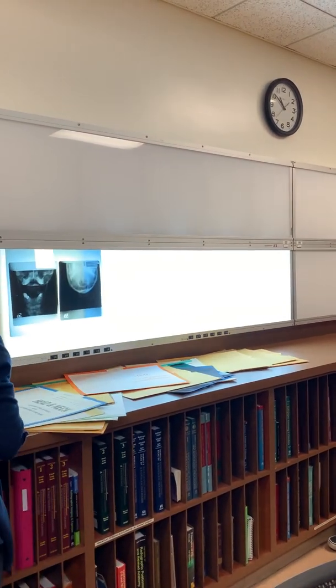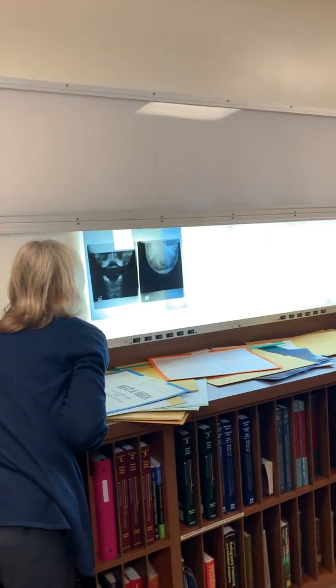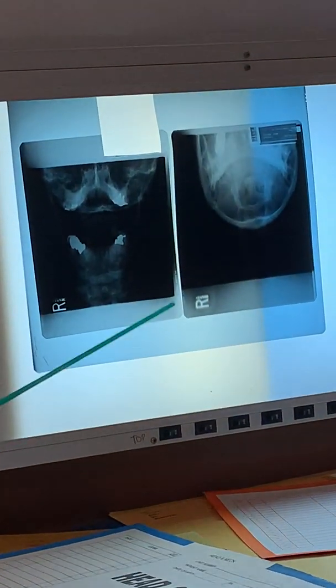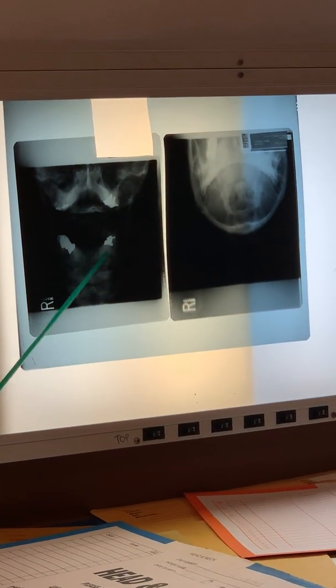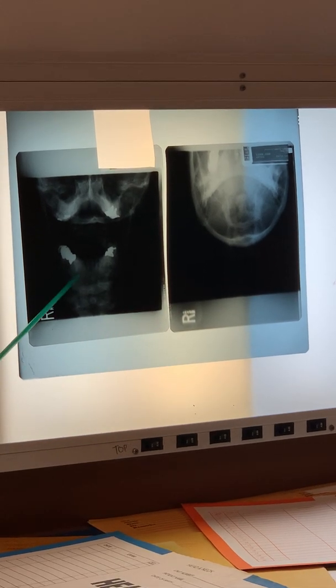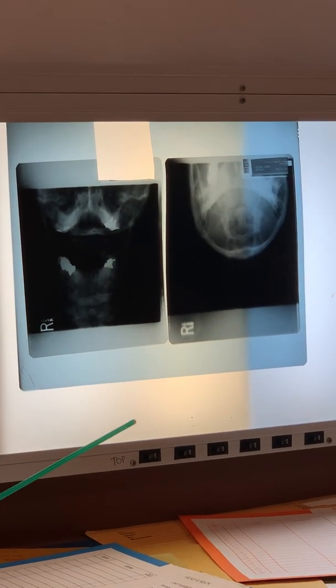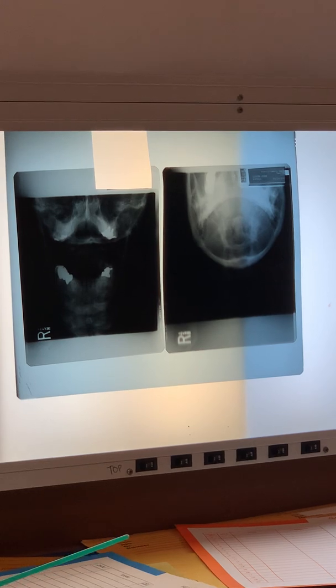So what are those two projections? The right one is Fuchs. Open mouth odontoid and Fuchs. A little dark, but anyway, someone copied them for me. See anything?